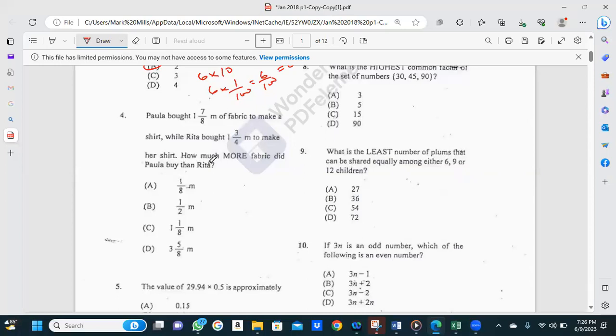What am I supposed to do here? Paul bought this and Rita bought that, and they're asking, what will I do? I subtract, but what will I subtract? Which one will come first? So subtract the 1 3/4 from the 1 7/8.